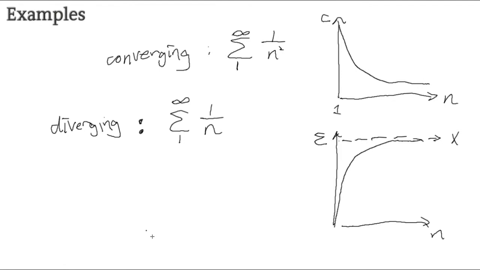The reason that this diverges is if you plot the curve, once again, this should be the component. So once again, you get something like a curve, except no longer exponential, it's a steady curve.